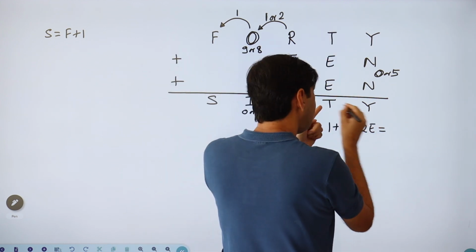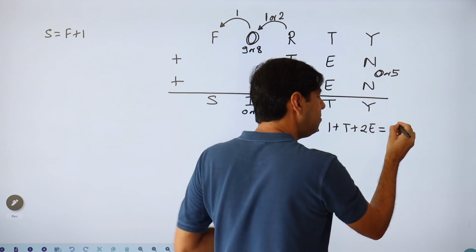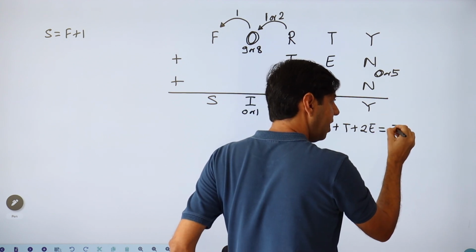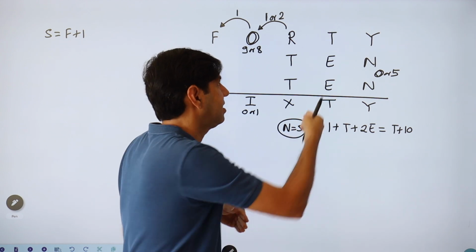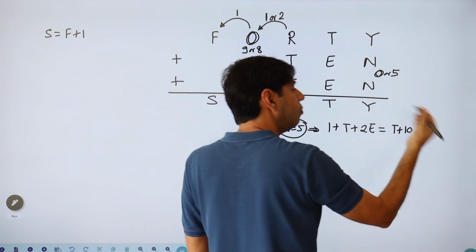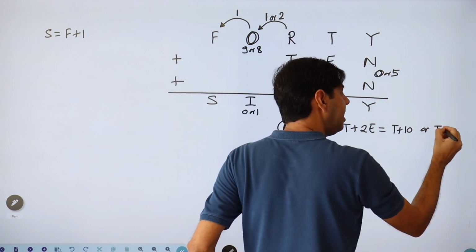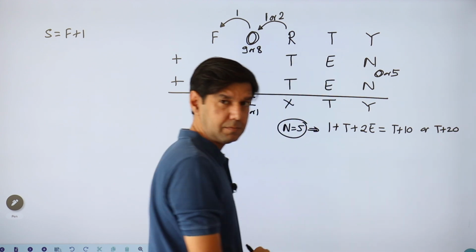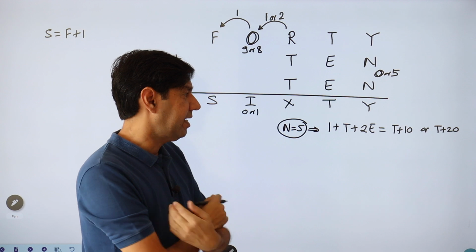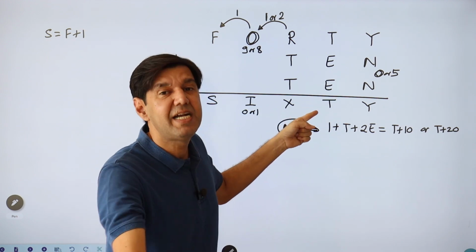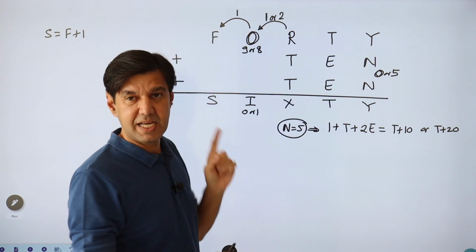So it would not be t, but it could be 10 plus t. This is how you represent a number ending with a t, 10 plus t. Or the carry could also be 20. It could also be t plus 20. We have discussed 3 digits can add up into the 20s. So it could be 20 plus t. The t remains, 2 gets carried over.